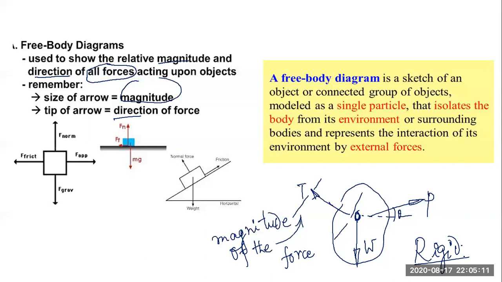So a free body diagram is a sketch of an object or connected group of objects. Group of objects means, say we can draw the free body diagram for the plane also, or for the mass body also.